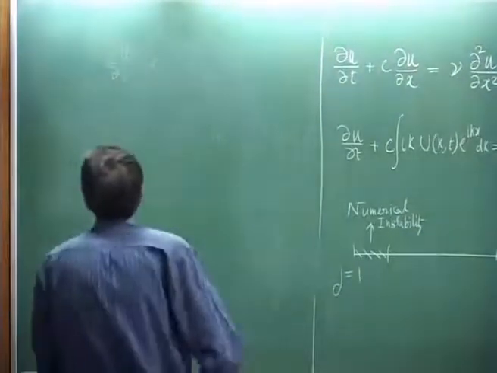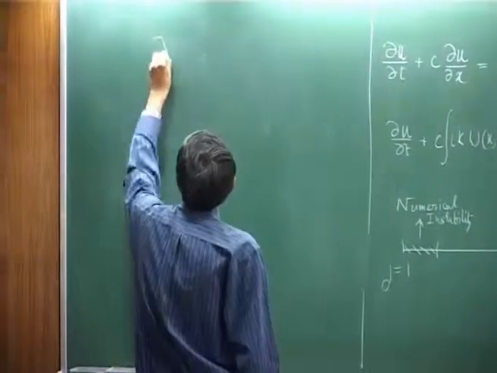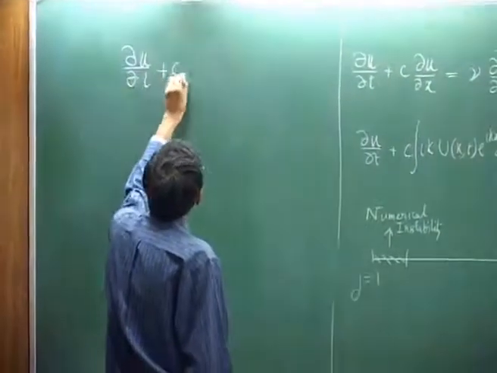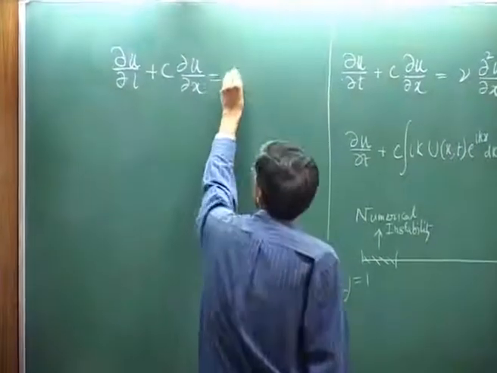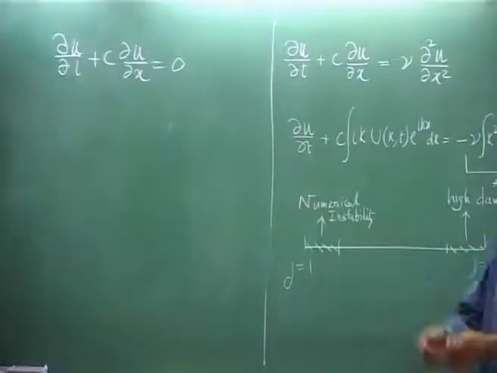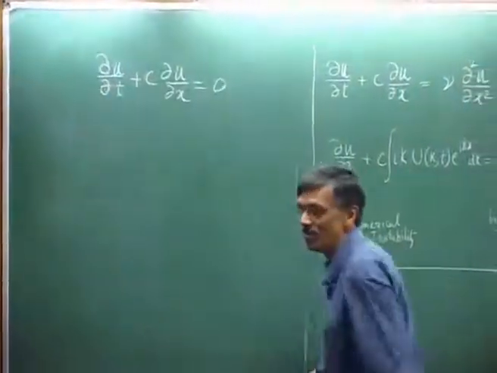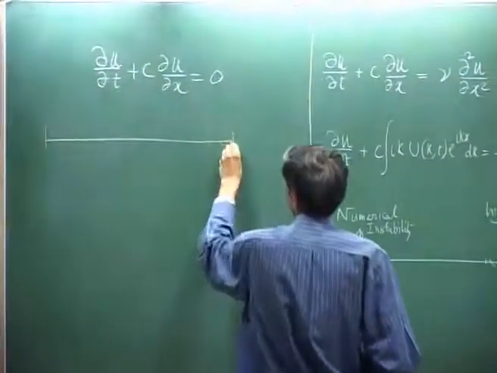Now, notice that as compared to this convection equation, if I try to solve it on a grid which is non-uniform. So basically what we are talking about is that I have a domain like this.